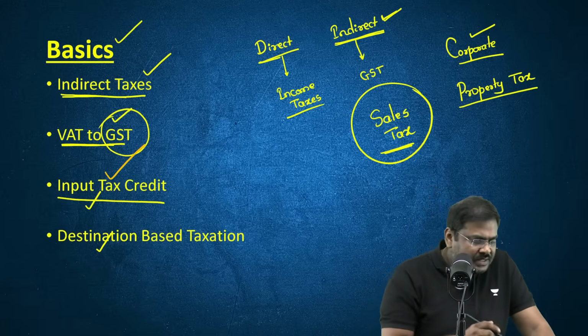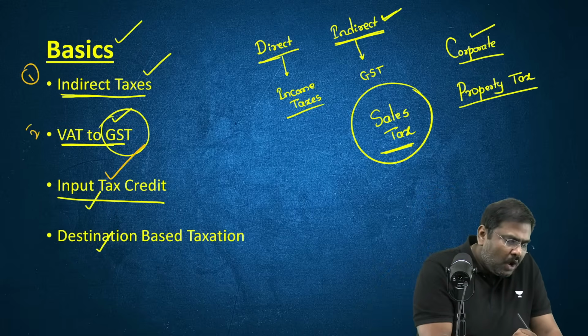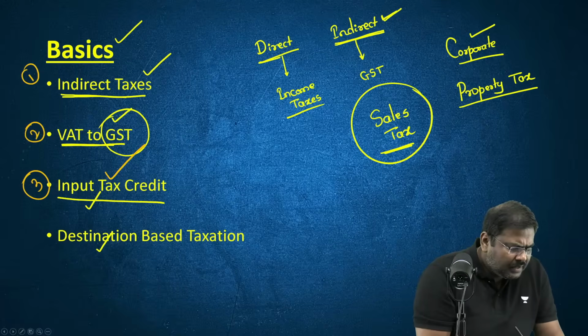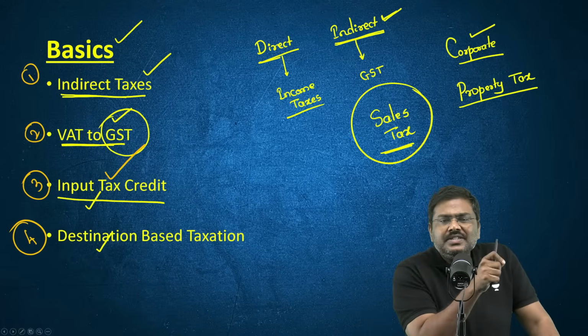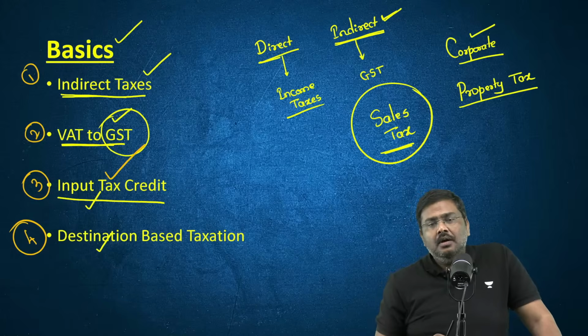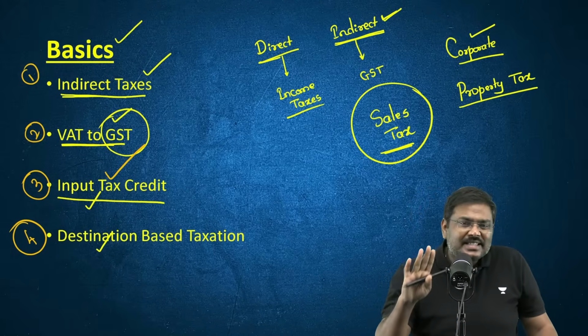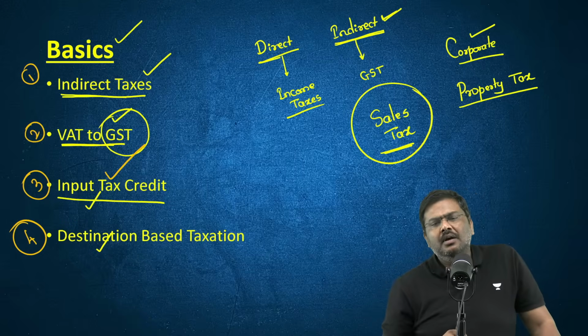Everybody is okay with the concepts 1, 2, and 3? Can I go to the final concept? That is the concept of destination based taxation. Now, what is the meaning of destination based taxation here?